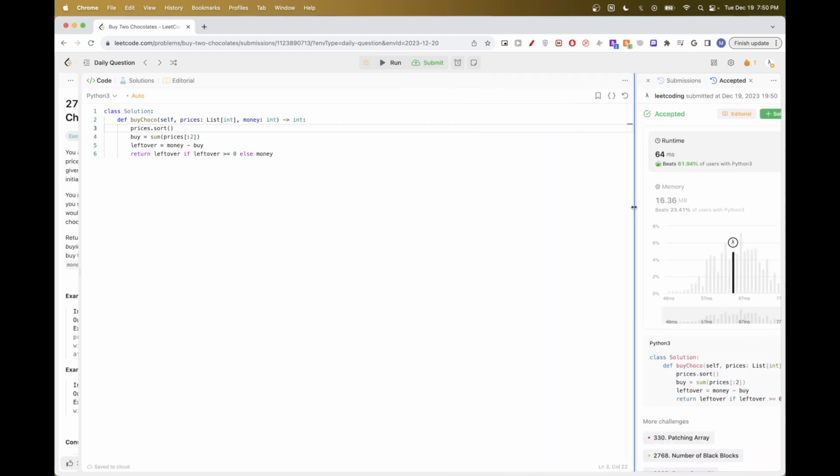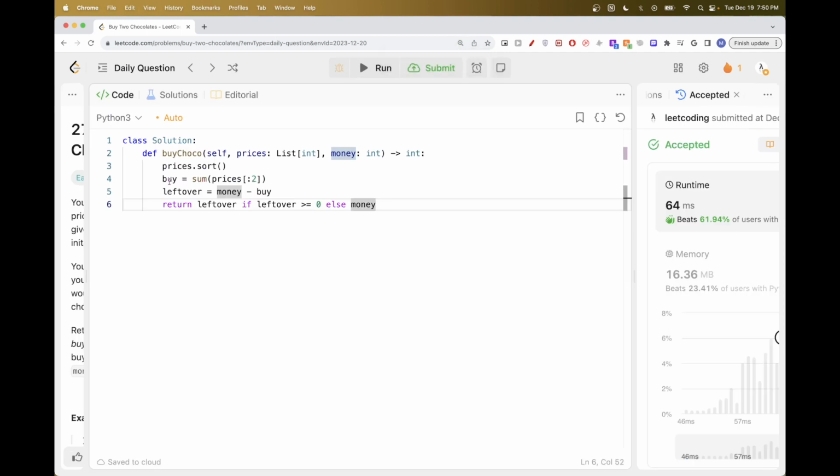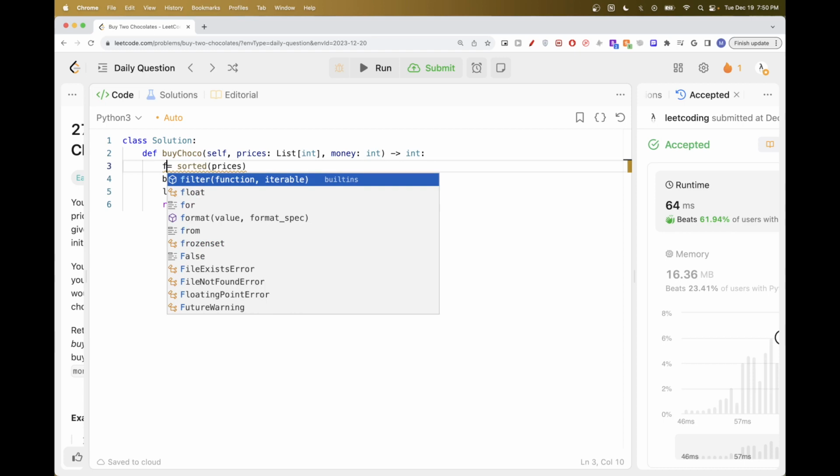Okay, now since this example was pretty simple, let's do a couple of things just to exercise what we are doing here. So one thing we can do, so this is equivalent to getting the sorted prices. We will get back a sorted list. We could do it like this, but we want the 2 smallest ones.